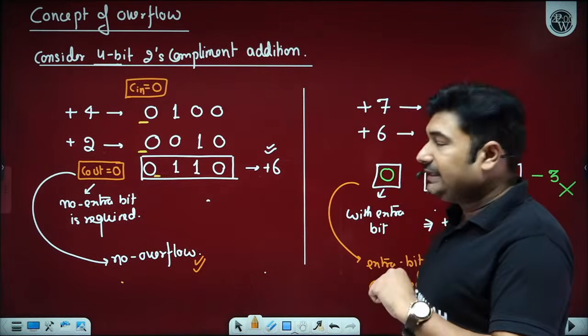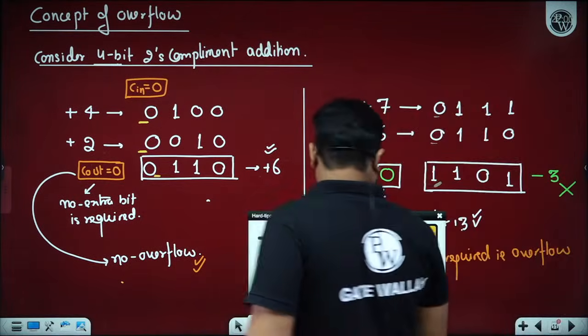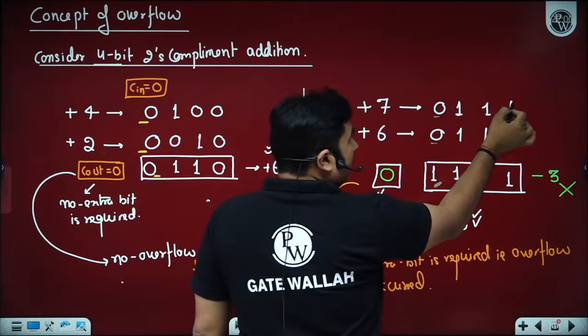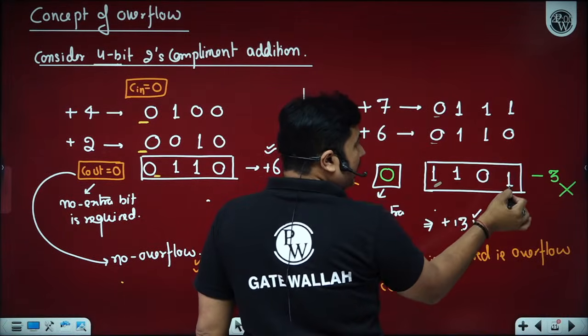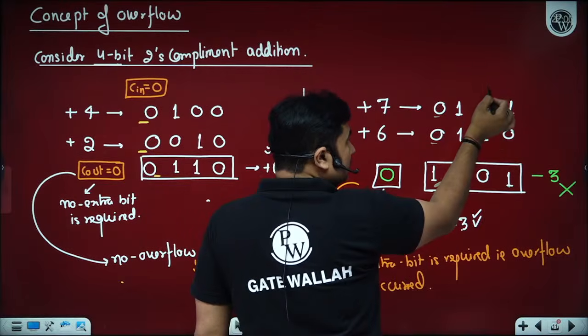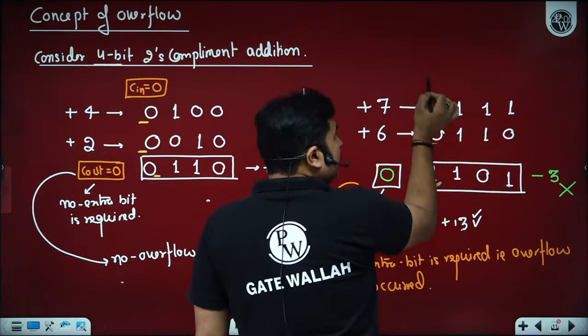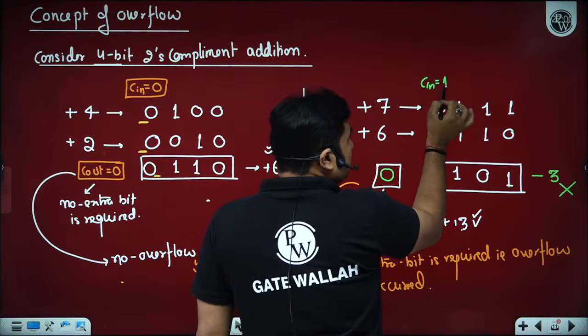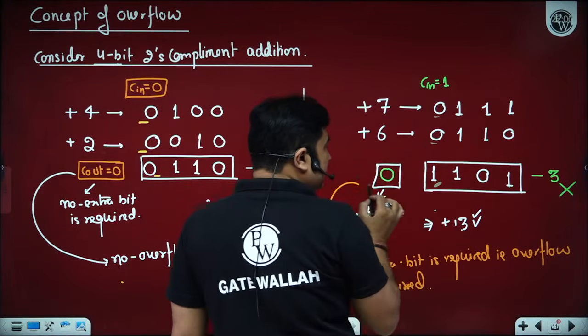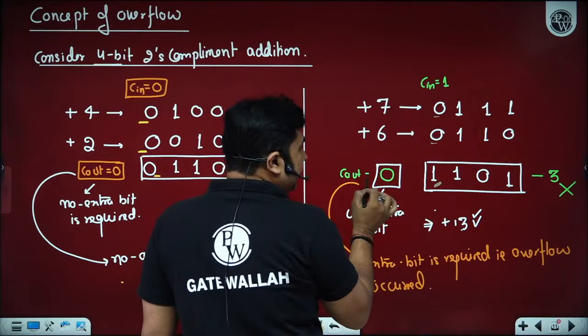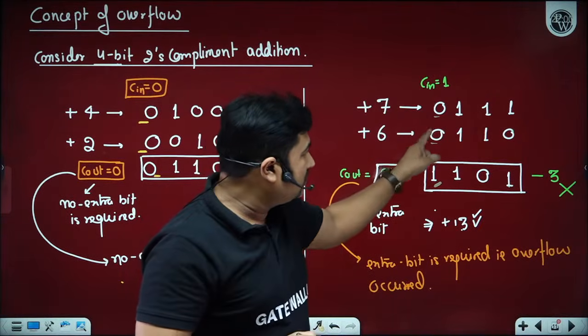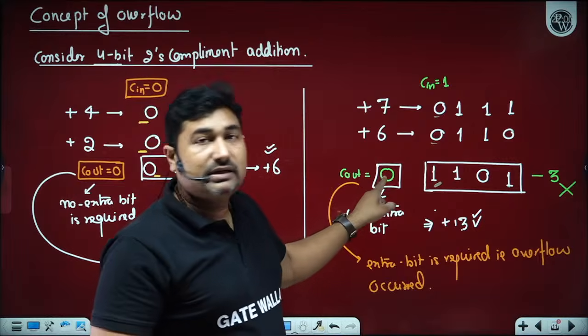Please observe once again. What is the carry in here? 1 1 0 we get 1, carry 0; then 1 1 we get 0, carry 1; then triple 1 we get 1, carry 1. So here we have a carry in of 1, and what is the carry out? We are getting a carry out of 0.